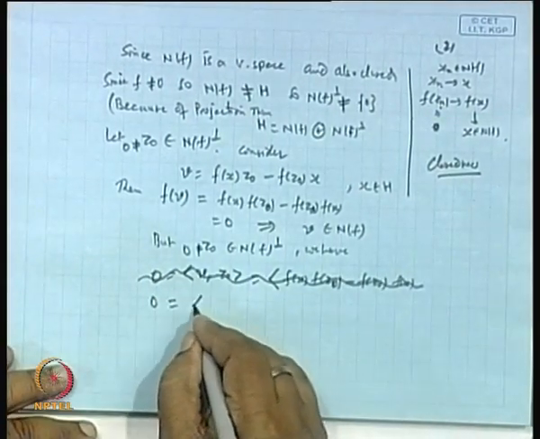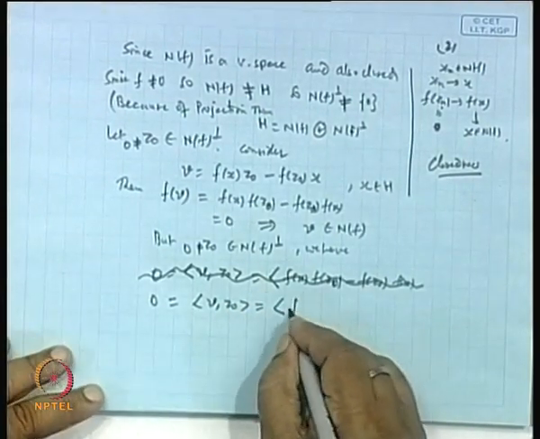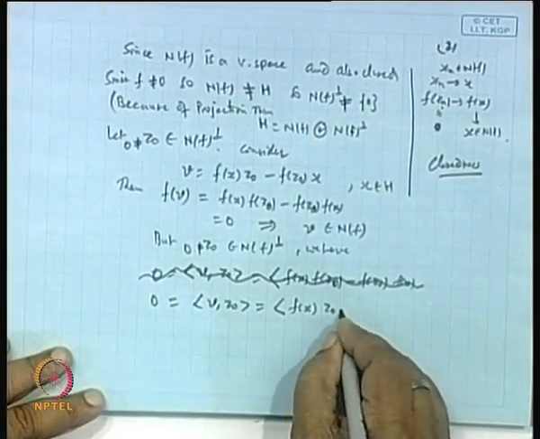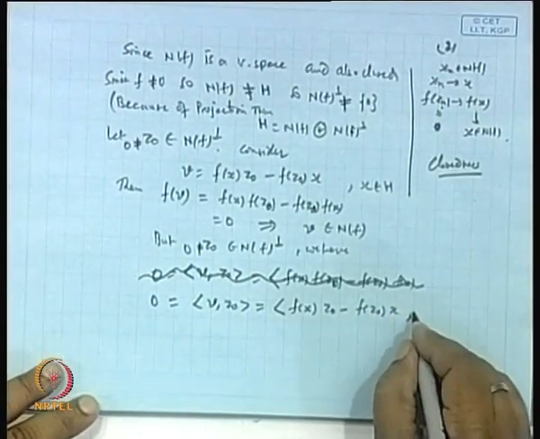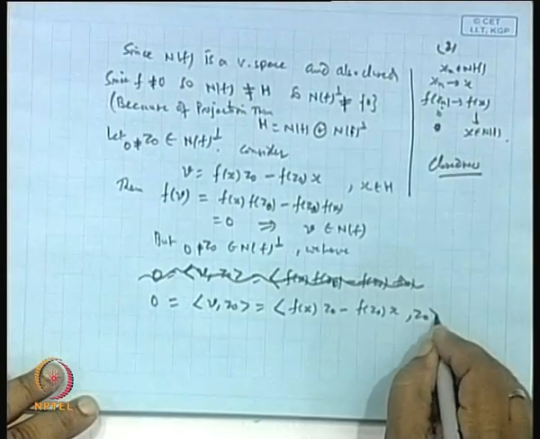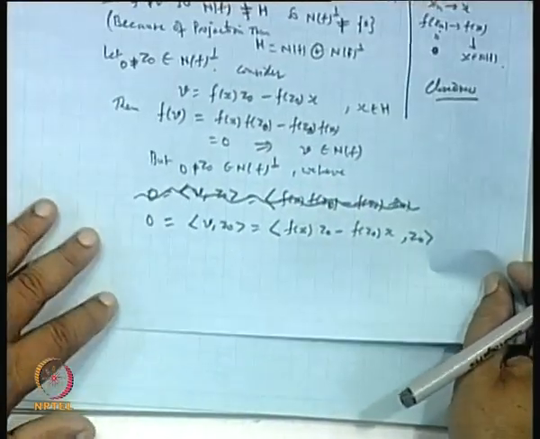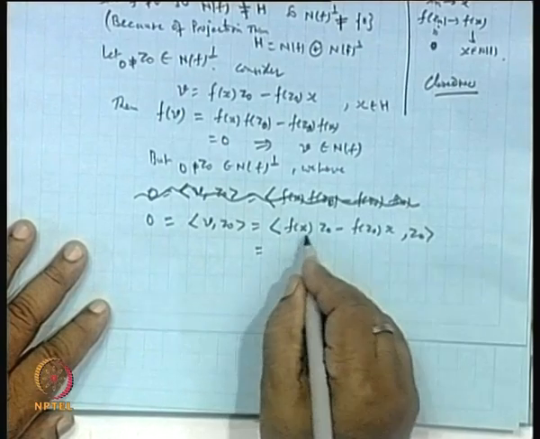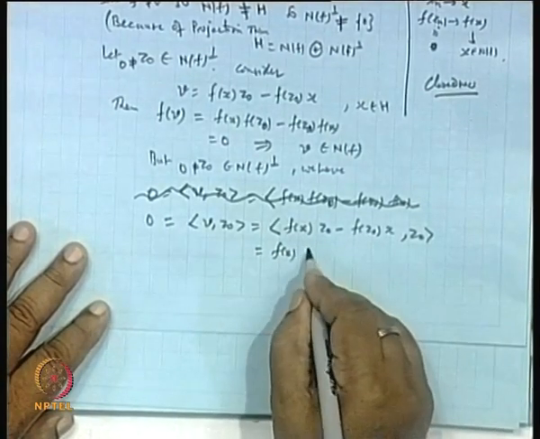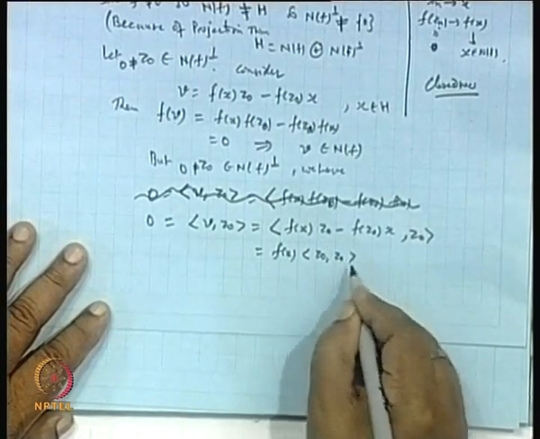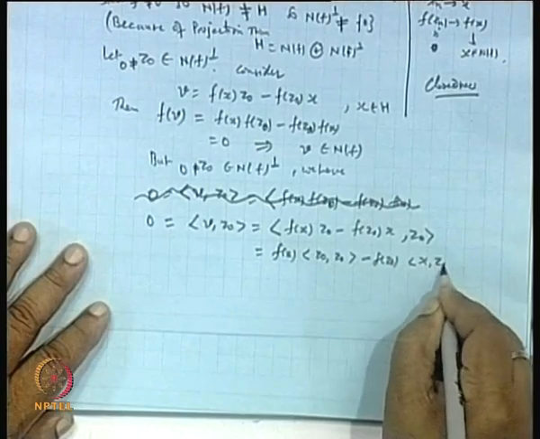So 0 equals the inner product of v and z0; substitute the value of v: f(x) z0 minus f(z0) x, comma z0. Is it okay? Open it. Once you open this, f(x) can be taken outside, inner product of z0 z0, minus f(z0) can be taken outside, inner product of x z0.